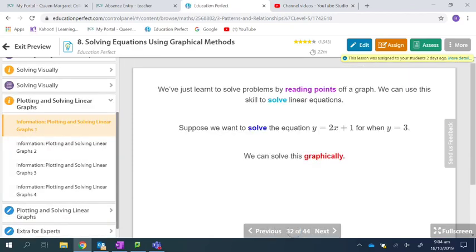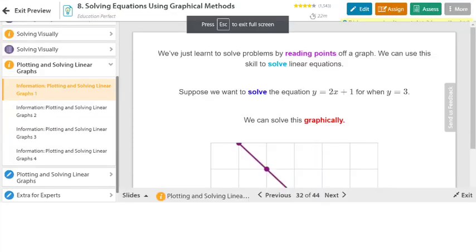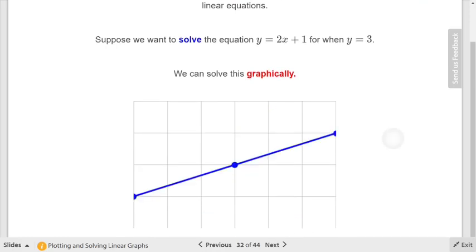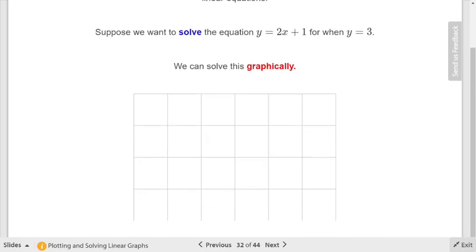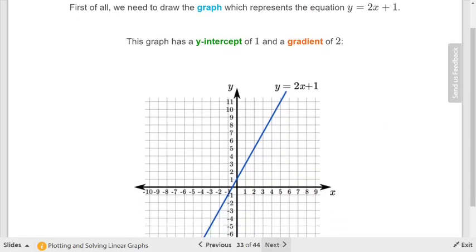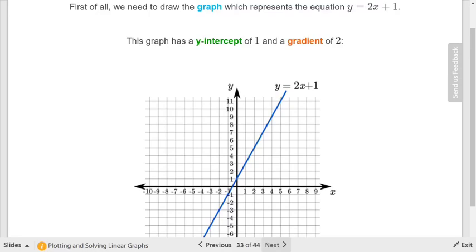Now, sometimes you're going to have to solve a problem like y equals 3. In order to solve that, you have to have the graph, right? Do you agree? But sometimes you're going to have to graph it first, and that's why we learned yesterday how to graph things using the y-intercept and the gradient.